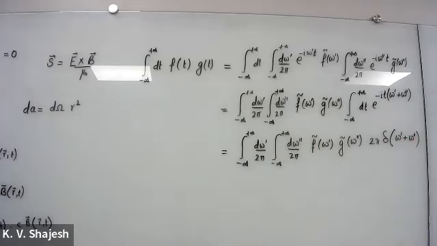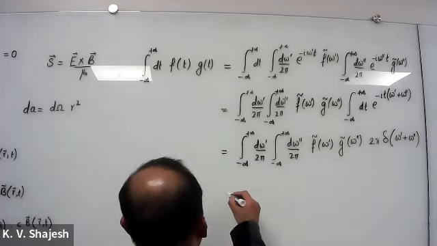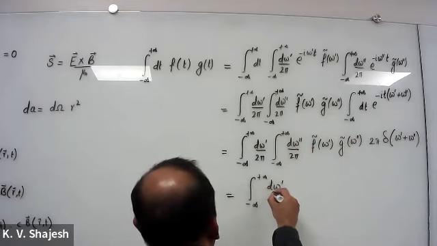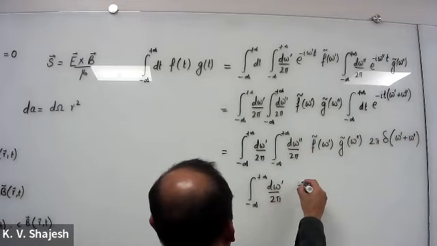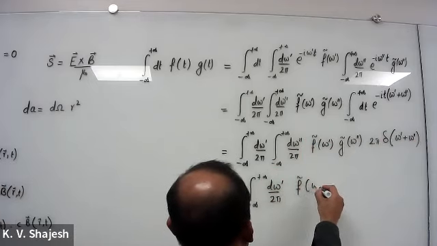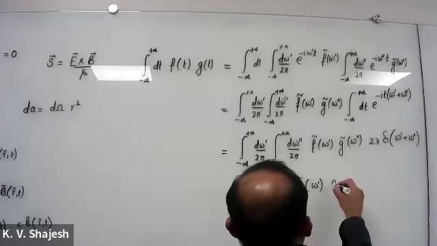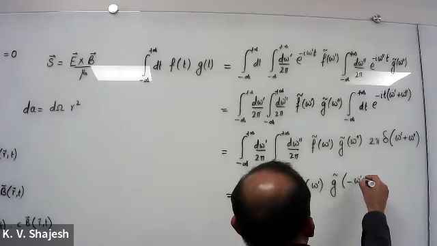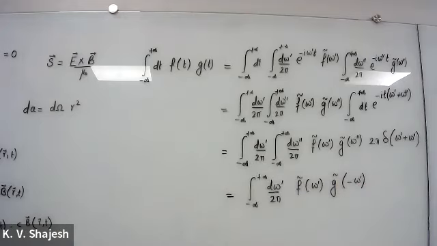So I can replace the omega double prime with minus omega prime, complete the omega double prime integral, so it's the integral from minus infinity to plus infinity d omega prime over 2 pi, f tilde of omega prime, g tilde of minus omega prime.